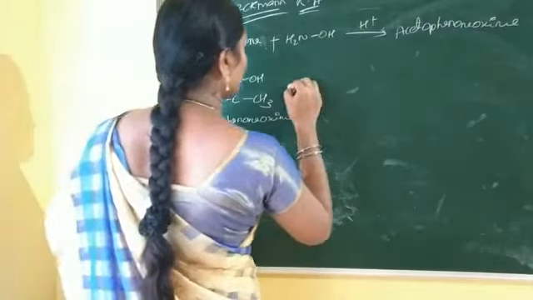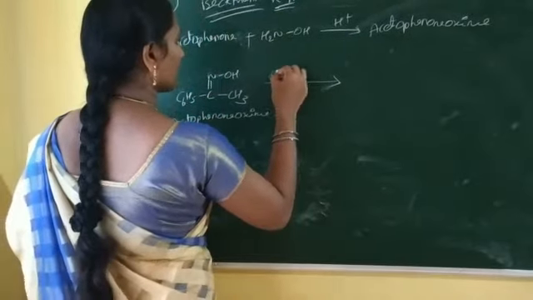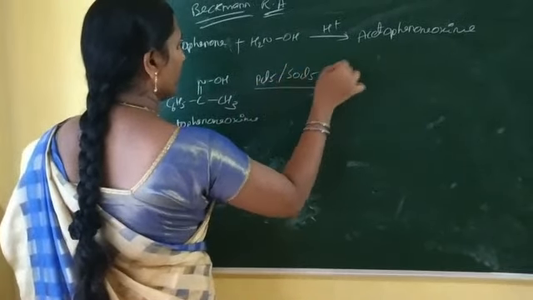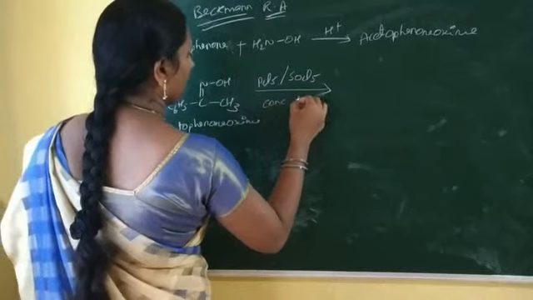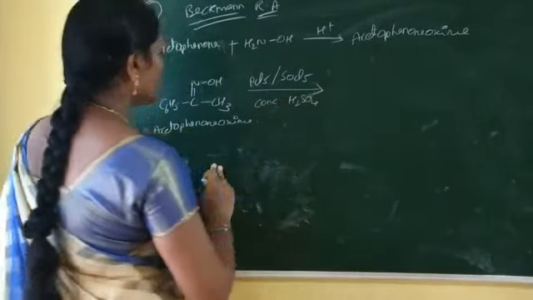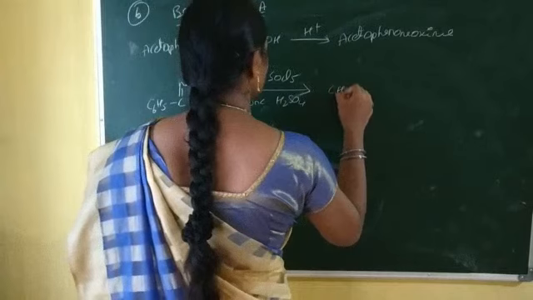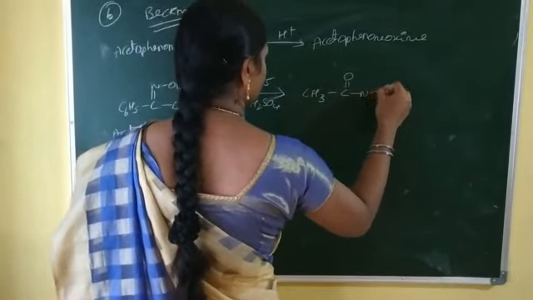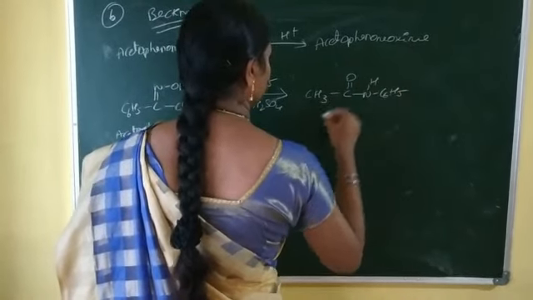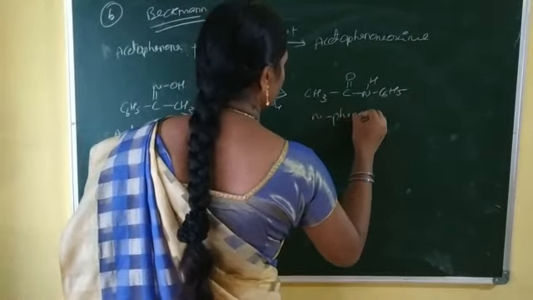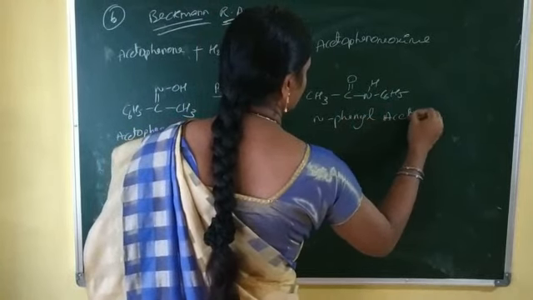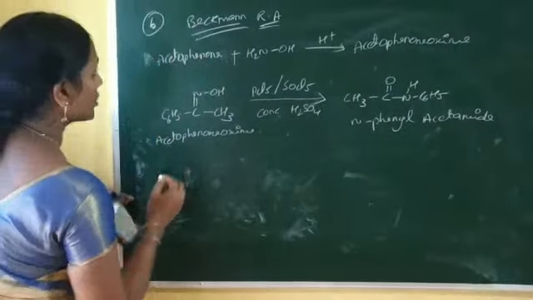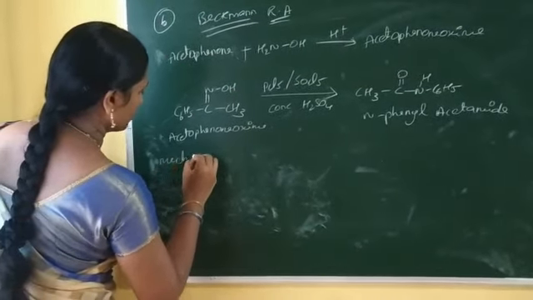Now the acetophenone oxime is treated with PCl5 or SOCl2 in the presence of concentrated H2SO4. We observe N-phenyl acetamide. N-phenyl acetamide. The mechanism of the Beckmann rearrangement is as follows.